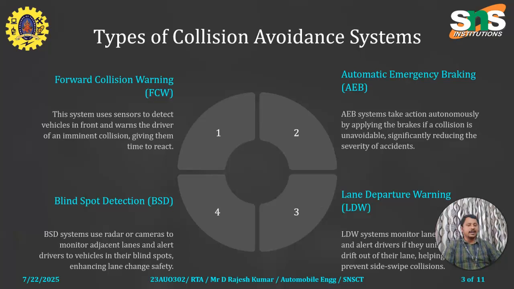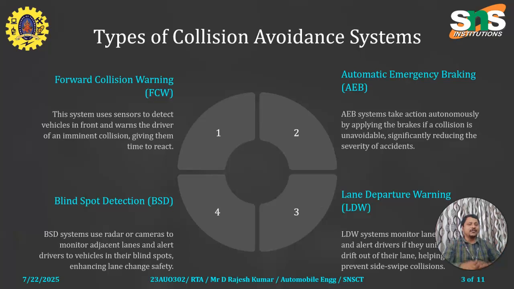This system continuously monitors the lane area of the vehicle. When the vehicle crosses its lane, it alerts the driver not to change lanes unnecessarily without knowing. The driver may be drowsy, or may not be aware that the vehicle crosses the lane. So this system helps in detecting the lane departure, and it alerts the driver.